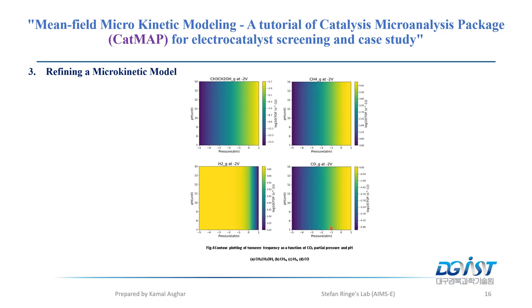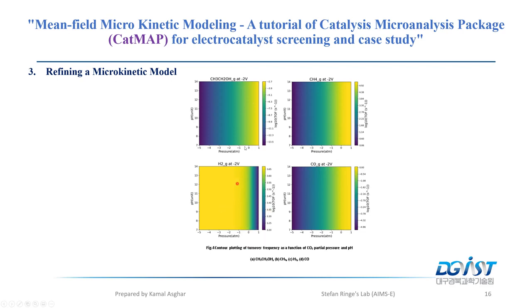Doing micro kinetic modeling, plotting the control plot and the state plot, we can get data like this. This is a control plot of turnover frequency as a function of carbon dioxide partial pressure and pH. We have to generate some text file there, and then using your codes, you will get it and can find the trend of different species.